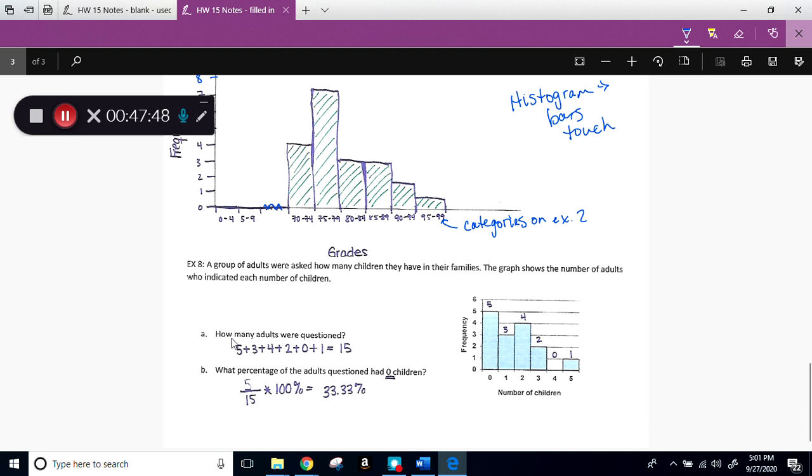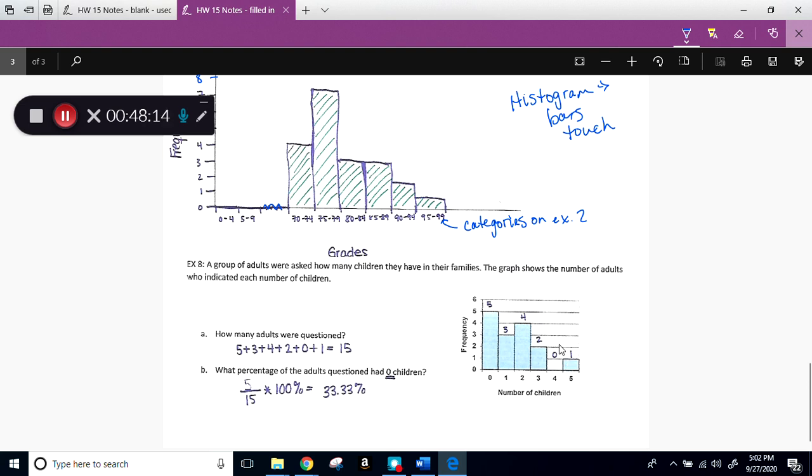So, how many adults were questioned? Well, that's why it's kind of good to figure this out. There's 5 couples that have no children, or families. 3 families have 1. 4 families have 2 children. 2 families have 3 children.